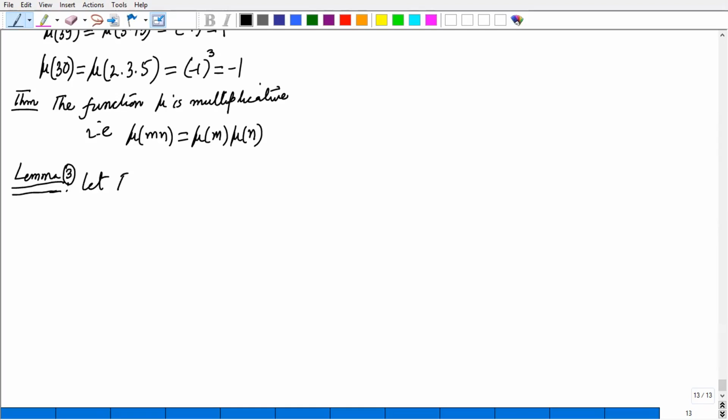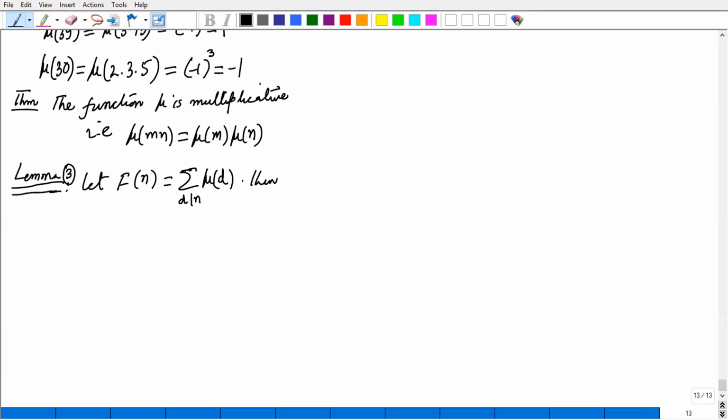Let f of n be the sum that runs over the divisors d of n of mu of d.